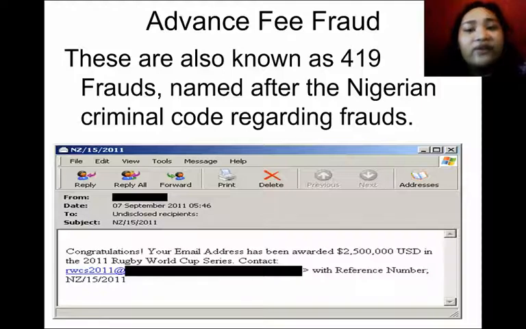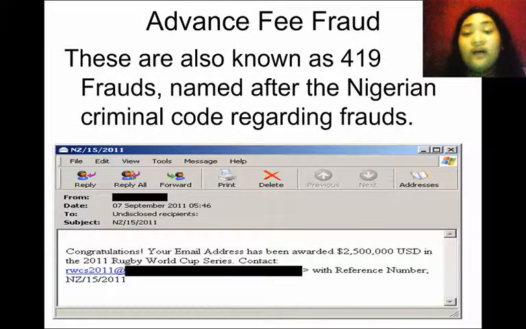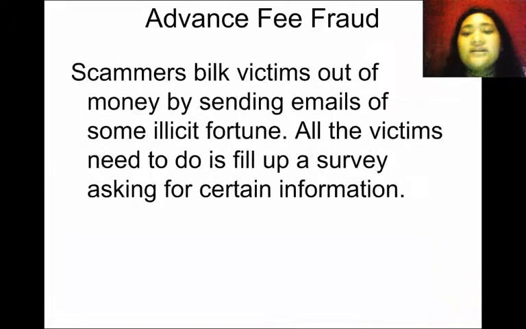The advance fee fraud, also known as the 419 fraud, thanks to the Nigerian Criminal Code Against Frauds, is very similar to transaction fraud. Thieves will send false emails to the victims, false emails regarding illicit fortune that the victims supposedly have gained.